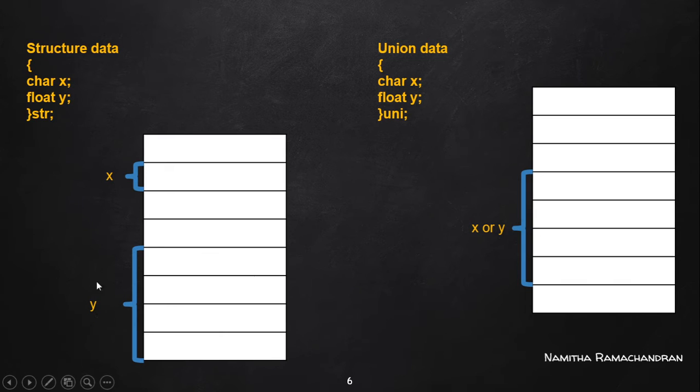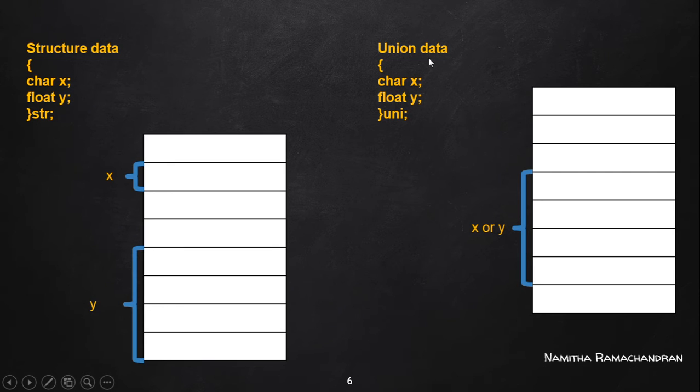This is the case of structure variable declaration. While declaring a structure variable like this, 1 byte is allotted for the character type variable, and another separate 4 consecutive bytes are allotted for the floating point type variable.